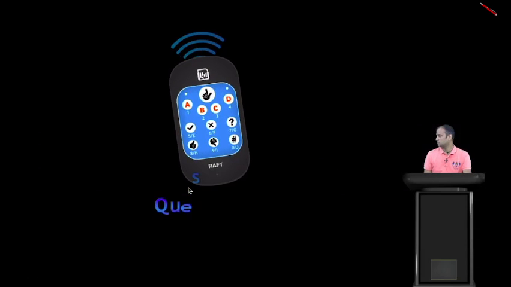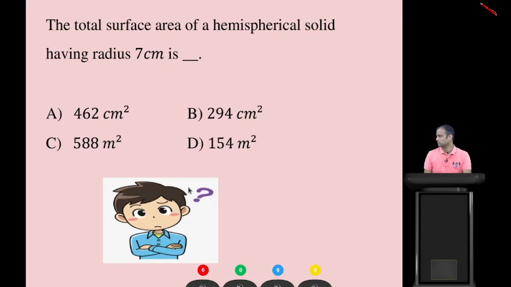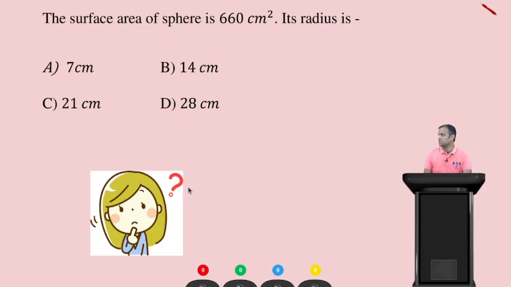Okay class, now again question time. The surface area of the sphere is 660 centimeter square. Its radius is, and your time starts now. Use the formula of surface area of a sphere.